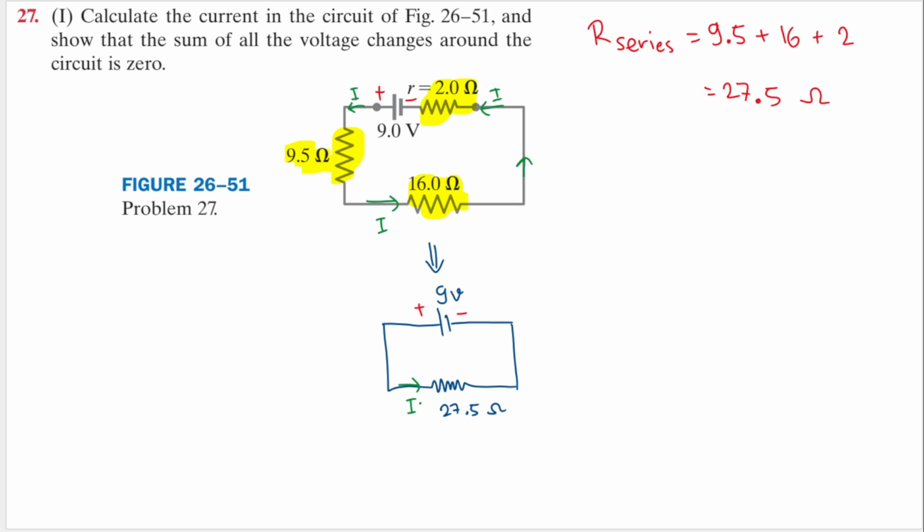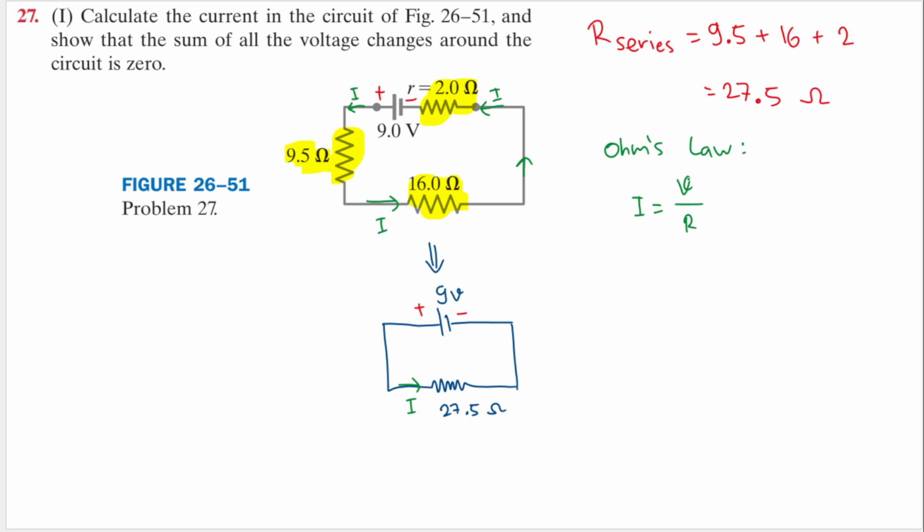However, because we have a single battery and a single resistor, we can just use Ohm's law to calculate this current. So let's do exactly that. Ohm's law, which is the current is equal to the voltage divided by the resistance.